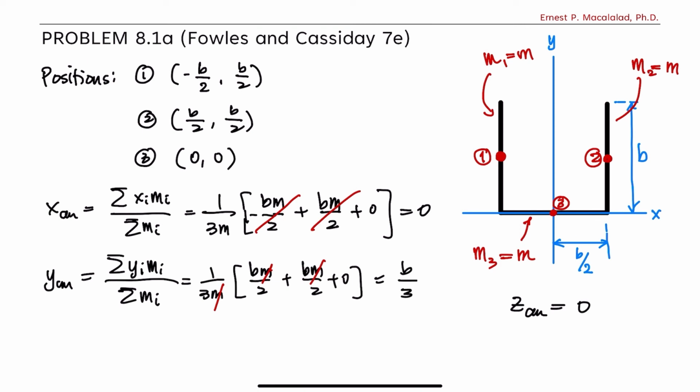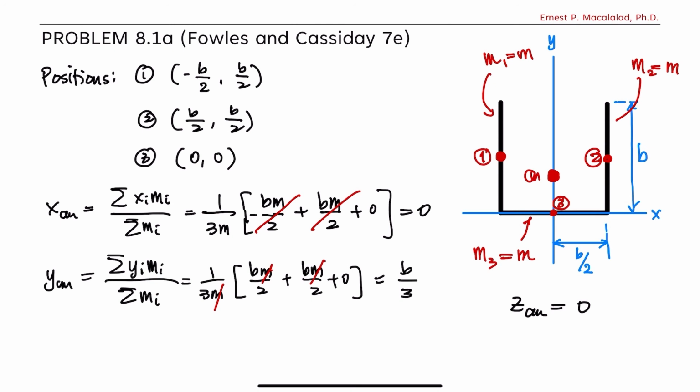So the center of mass will be along the y-axis, and it will be 1/3 b from the x-axis, so it's somewhere here. That's problem 8.1a of Fowles and Cassiday.